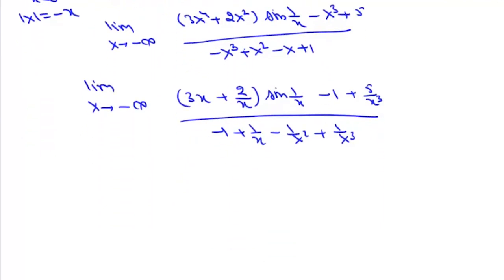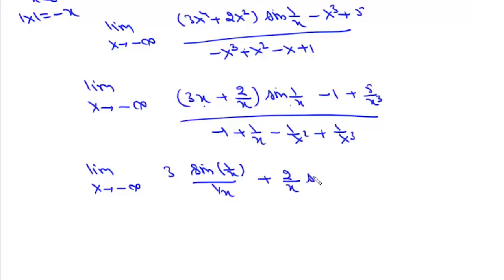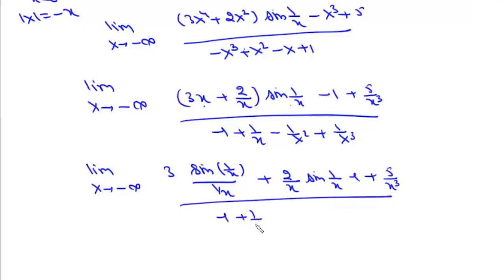Now everything is sorted other than this x. So we'll multiply it with sine 1 by x. We can write this as limit x tends to minus infinite 3 into sine 1 by x into x, which can also be written as sine of 1 by x upon 1 by x, and plus 2 by x sine 1 by x minus 1 plus 5 upon x cube, divided by minus 1 plus 1 by x minus 1 upon x square plus 1 upon x cube.